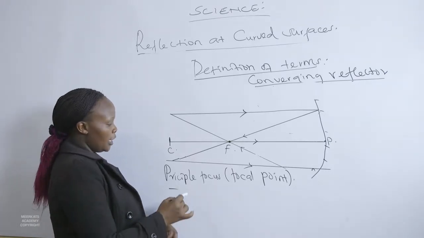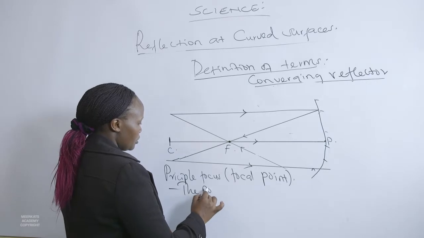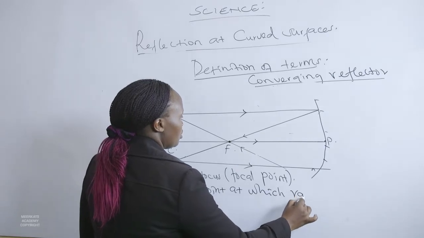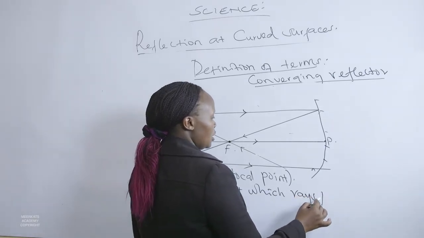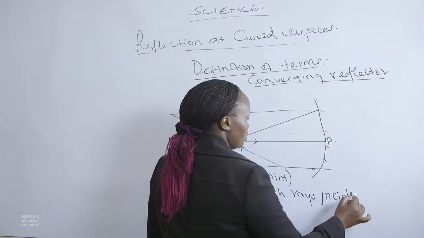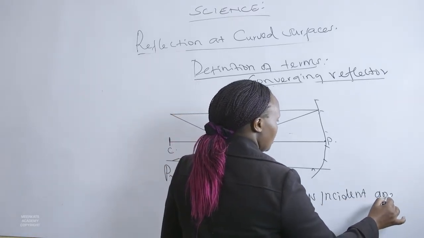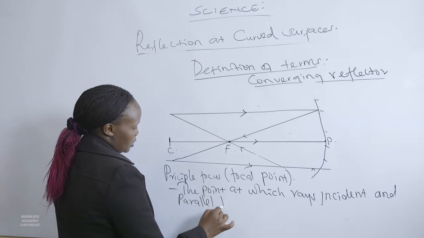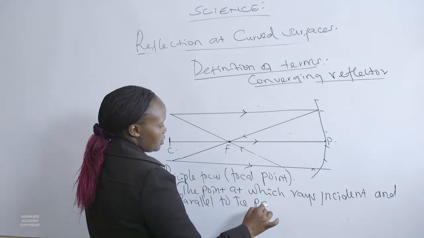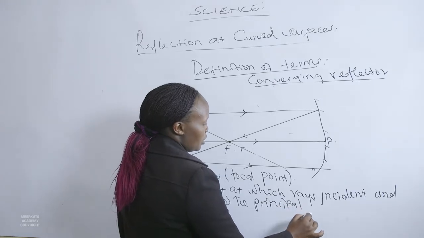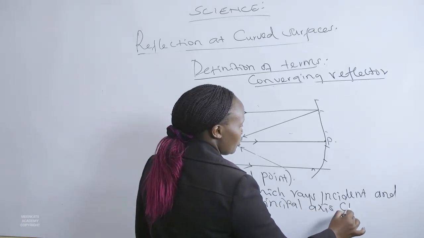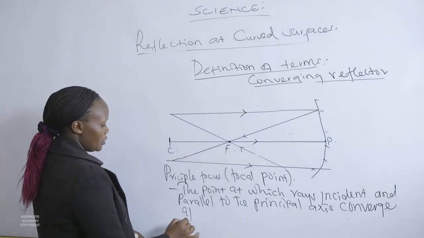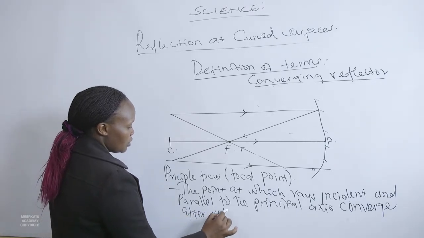And this one is the point at which rays incident and parallel to the principal axis converge after reflection.